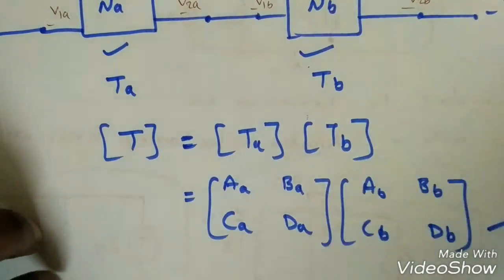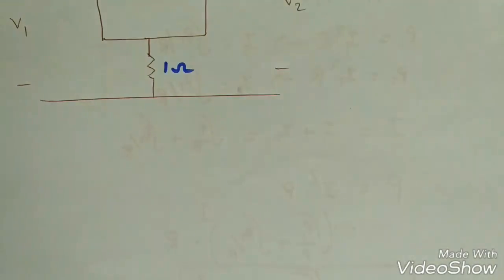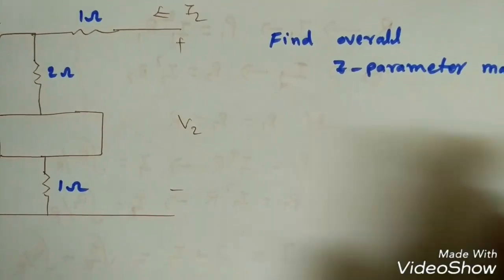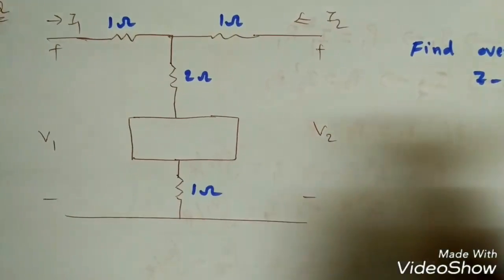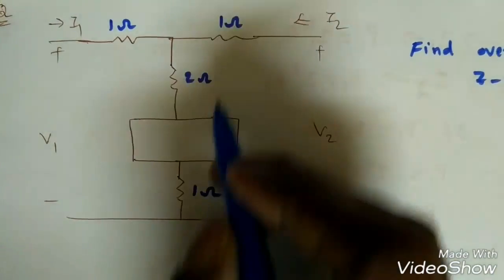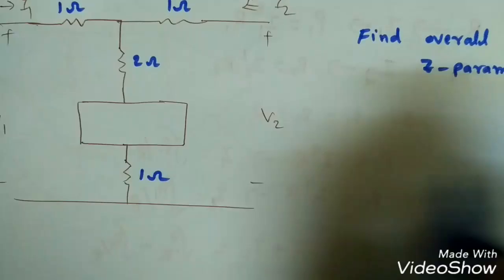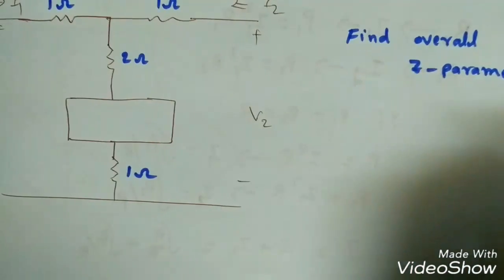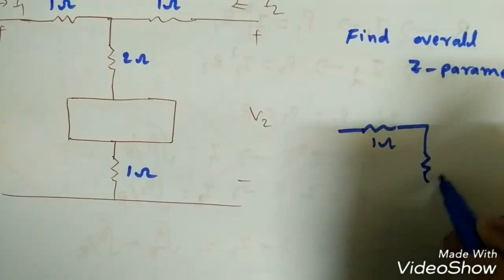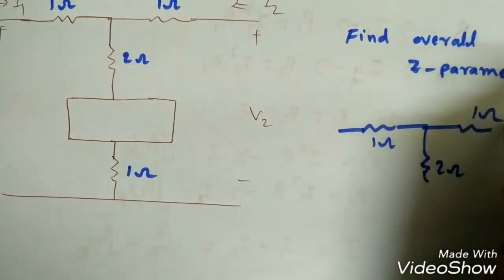Now we'll see examples one by one. Suppose this network is given, and we are asked to find the overall Z parameters. By looking at the circuit, we can tell these two are in series. So we take this one separate and this one separate. This is 1 ohm, this is 2 ohms, this is 1 ohm.